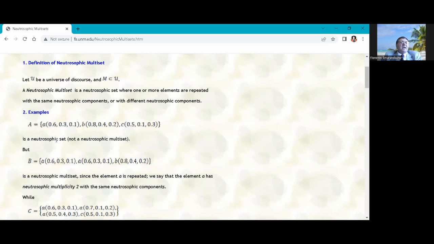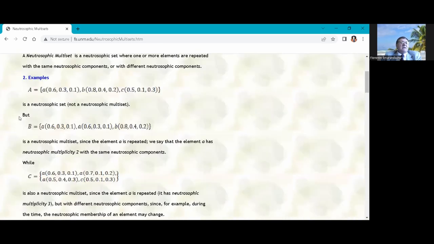In this case, for example, we have the set A, which is a Neutrosophic set, not a multiset, but B is a multiset, a Neutrosophic multiset. Why? Because we have two elements that repeat having the same components.